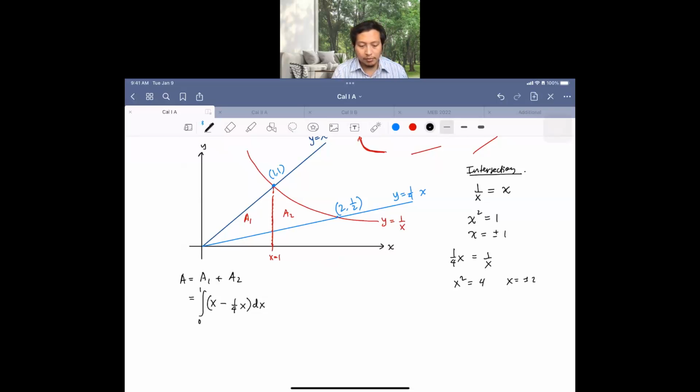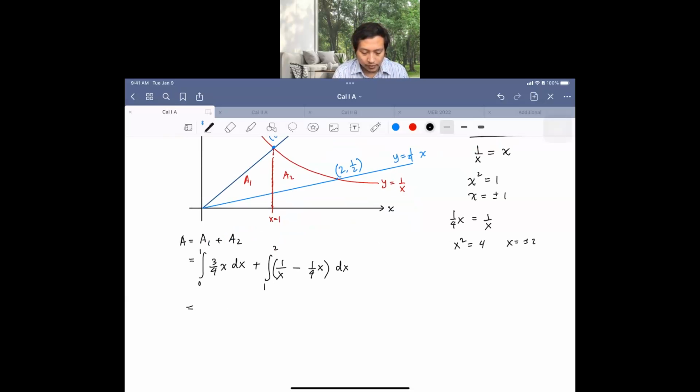Or we can simply write x minus 1 over 4 x as 3 over 4 x, right? dx. And then plus A2, which goes from 1 to 2, that is 1 over x minus 1 over 4 x dx.